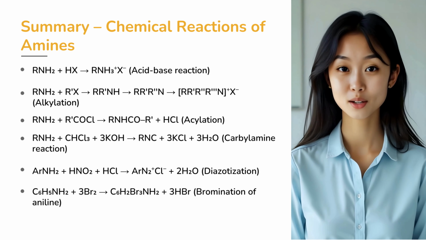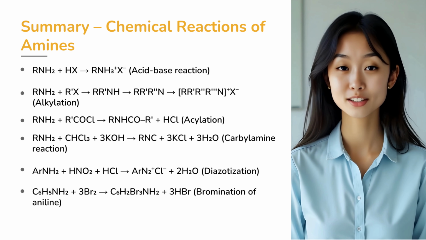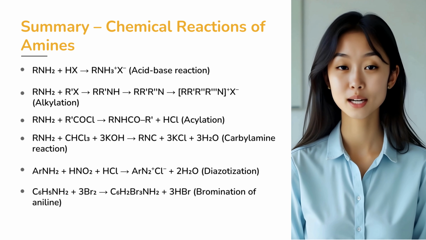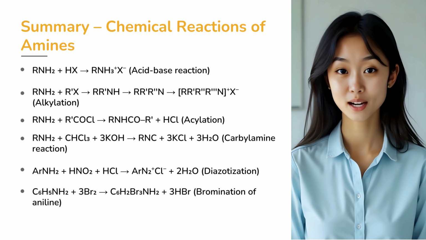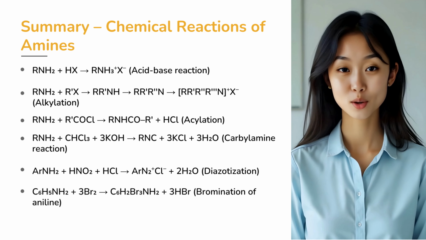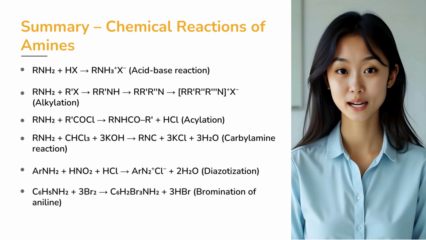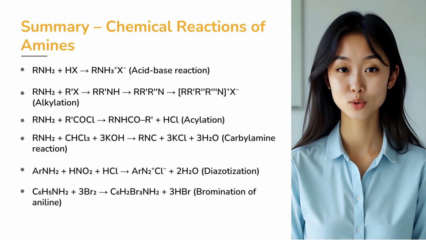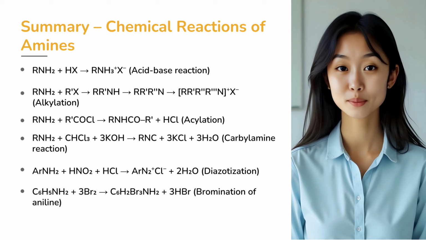Alright, brilliant learners, time to wrap up our diazonium adventure. Recall that starting from aniline, reacting with nitrous acid and hydrochloric acid, we get benzene diazonium chloride plus water. This diazonium salt is a versatile intermediate. Using copper salts, for example, copper(I) chloride, bromide, or cyanide, we can replace the diazonium group with halogens or cyanides in reactions known as Sandmeyer reactions, releasing nitrogen gas.